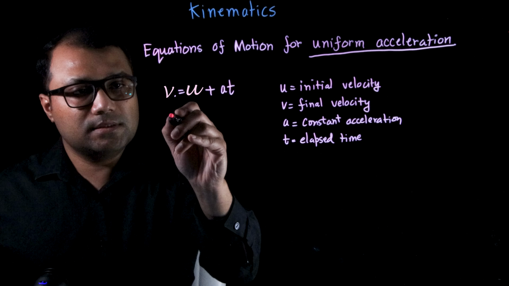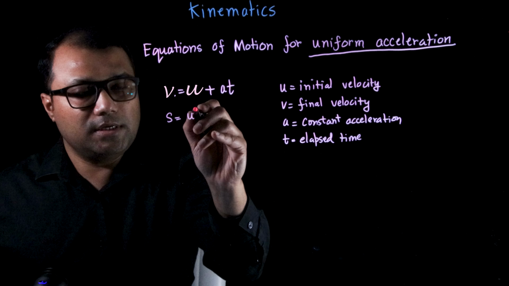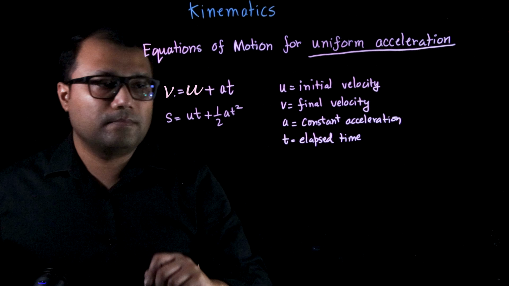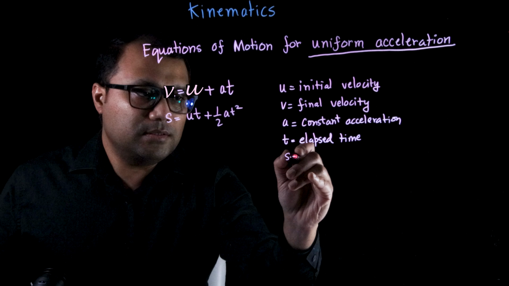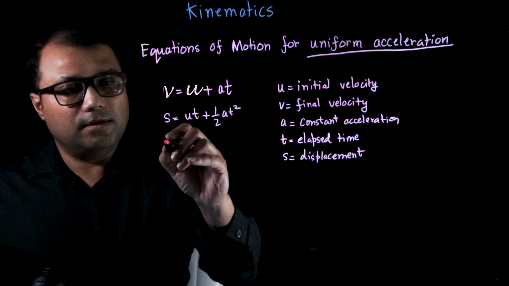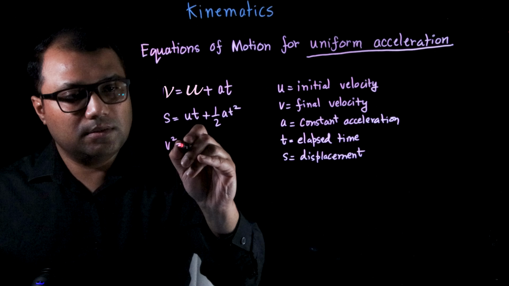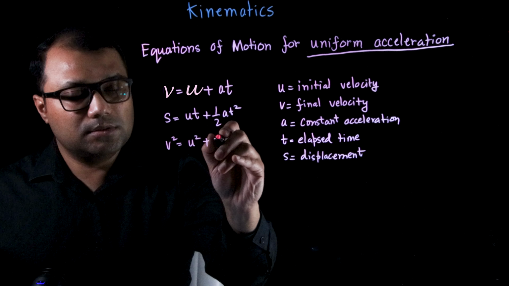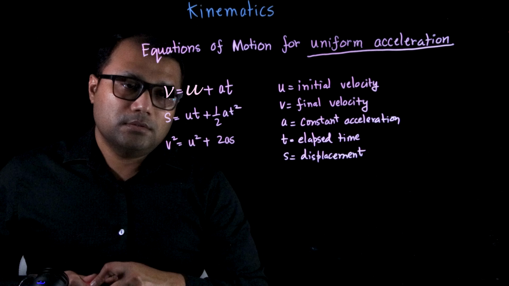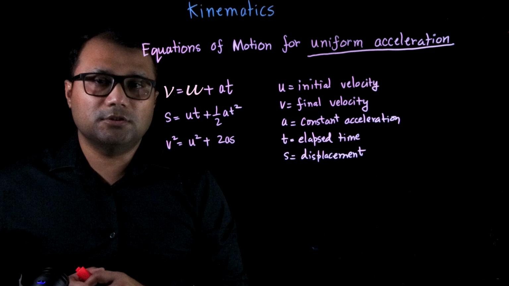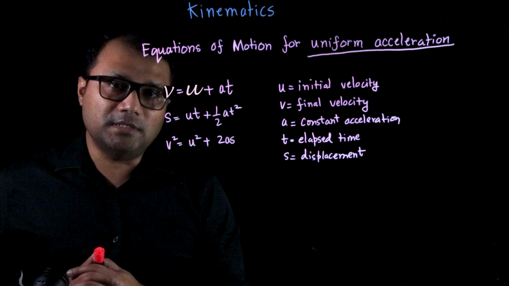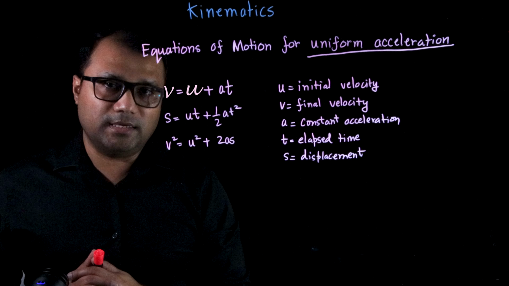The second equation is s equals ut plus half at square. s is the displacement. Okay. And the last equation, v square is equal to u square plus 2as. Okay. So it's important to remember these three equations of motion. But like I mentioned, always remember that these only apply for uniform acceleration case.